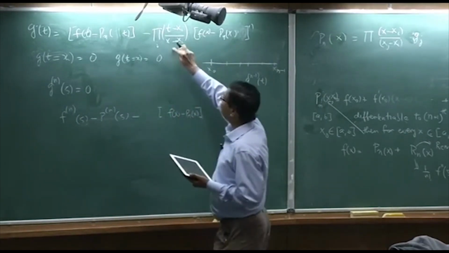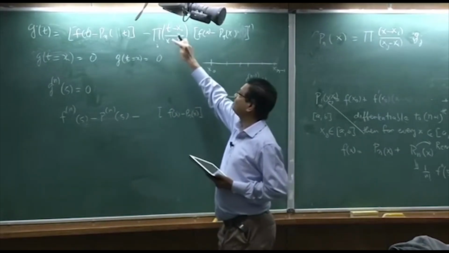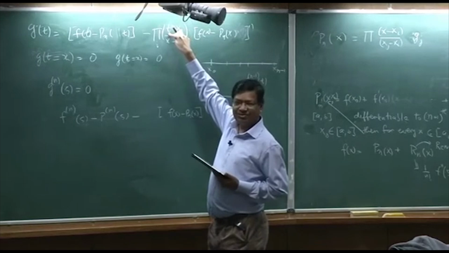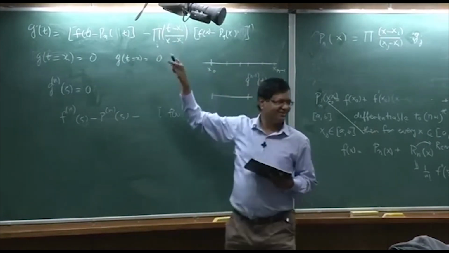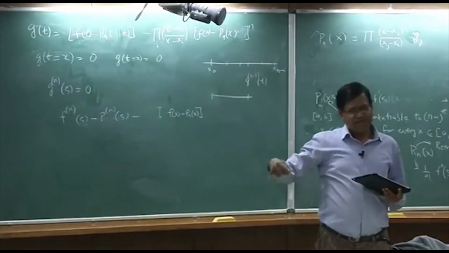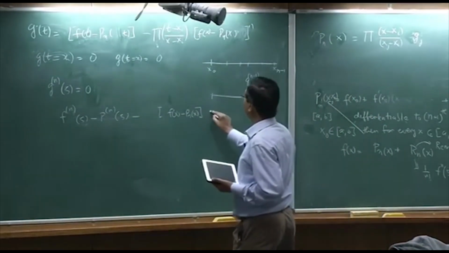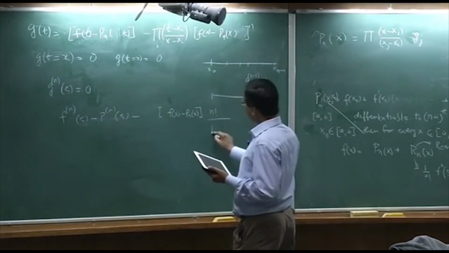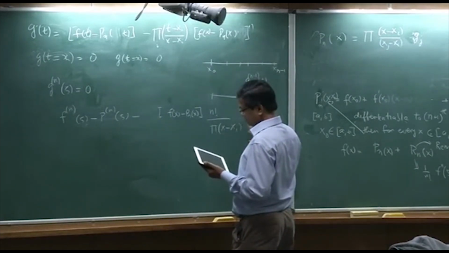Now take the nth derivative of this. So this is order t to the power n, an nth order polynomial. So the highest power is t to the power n, and any lower power will be 0. So this is going to be n factorial divided by the product of x minus xi, which is not 0.